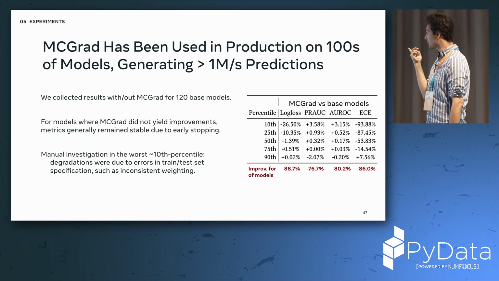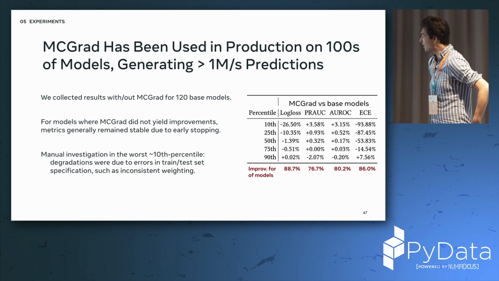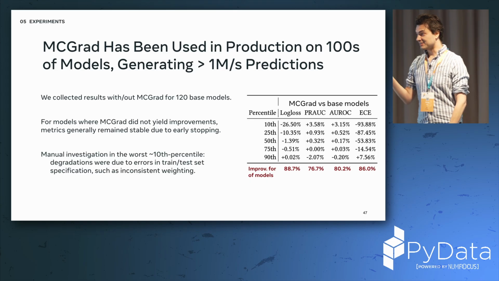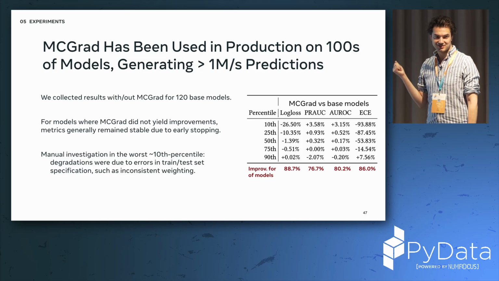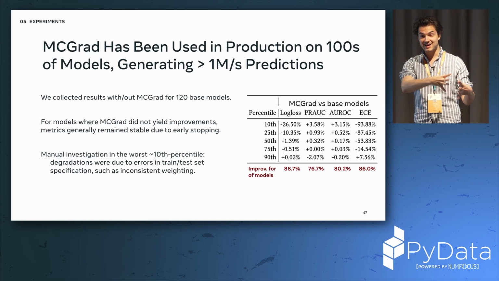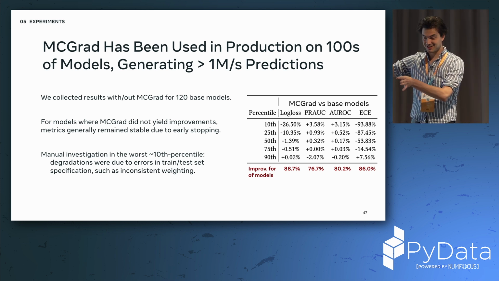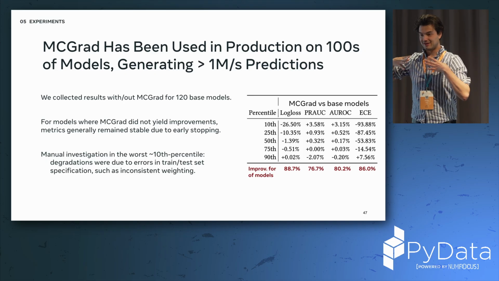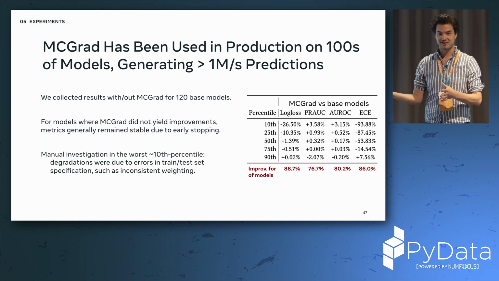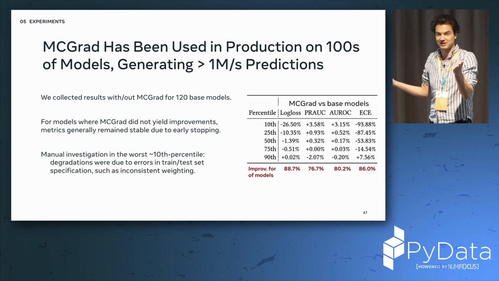There's one machine learning model training platform that's used quite a bit in the company, where we integrated this MCGrad approach in a way that every time any machine learning engineer trains a machine learning model on this platform and runs a training and evaluation job, we clone this training job. We calibrate the model using MCGrad, and we run the exact same evaluation procedure. So on the same test set, we calculate the same metrics as the base job that we cloned.